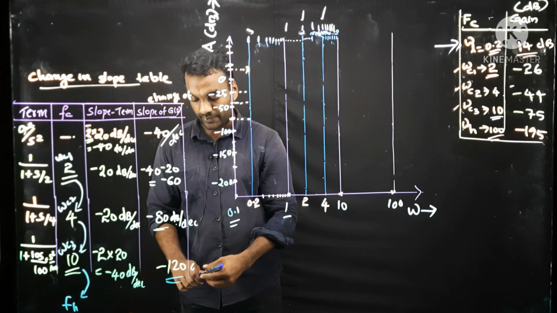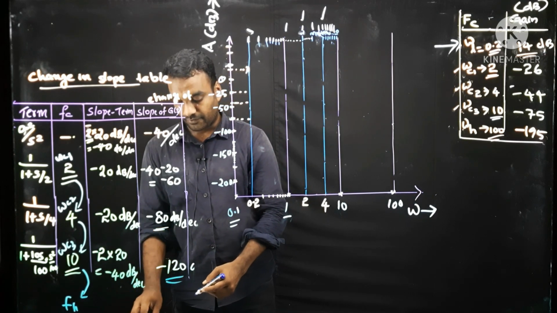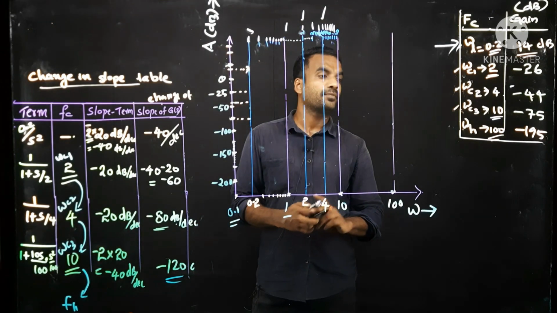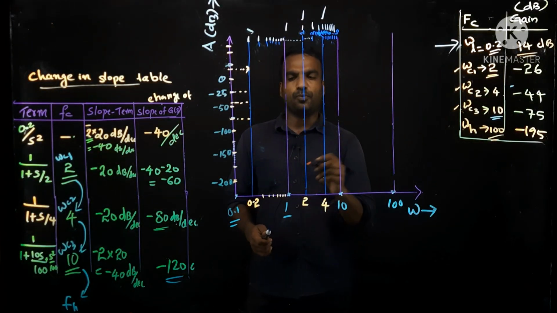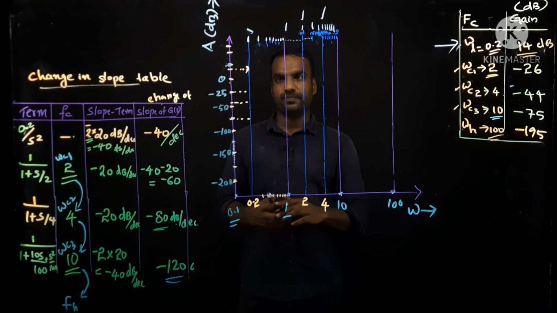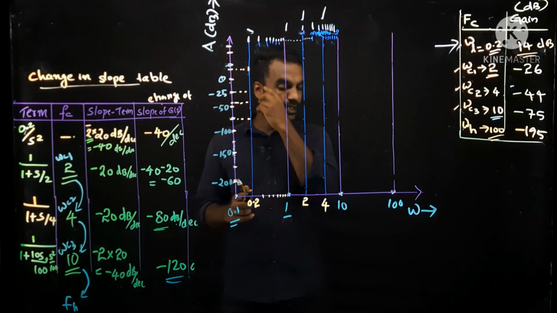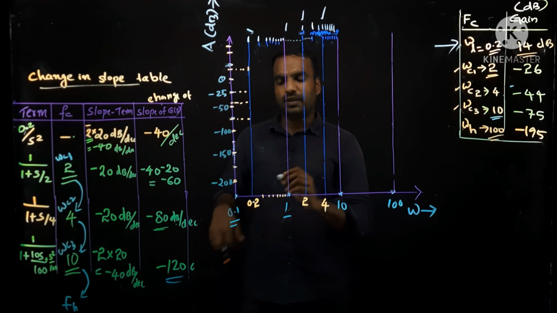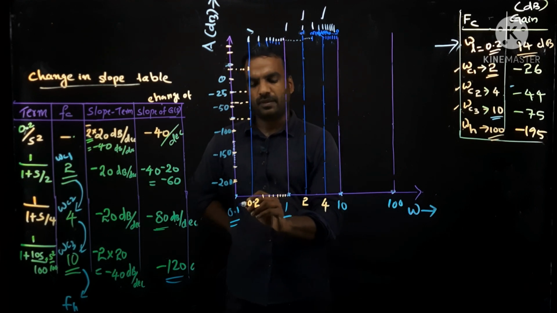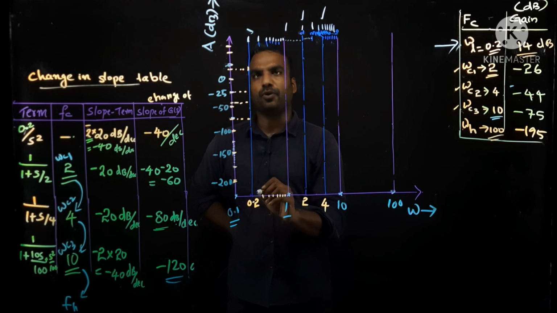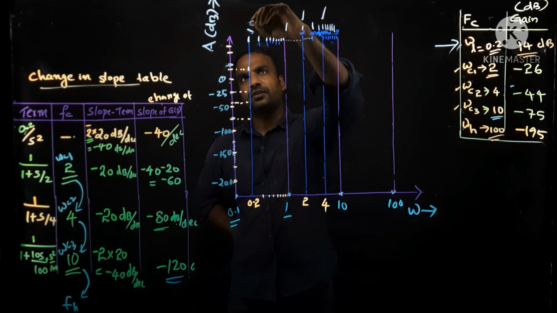Now, we know that for the first point, omega L is equal to 0.2. So, this is 0.1 and the first division just after that will be 0.2. So, this is the first division.